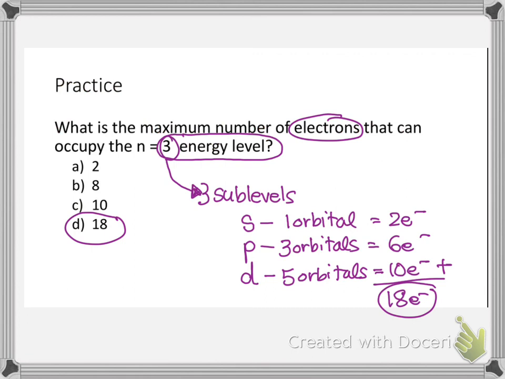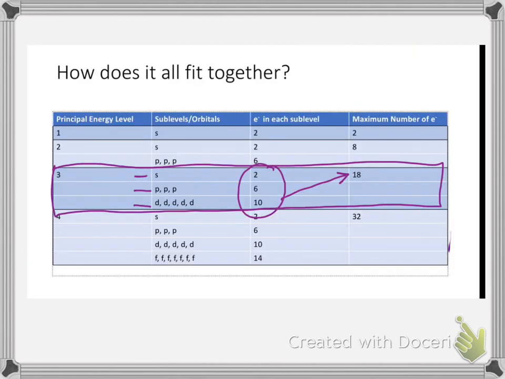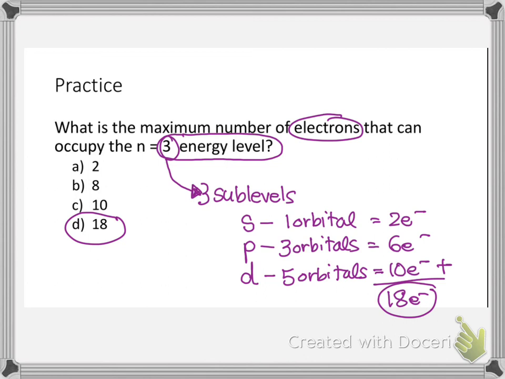I do ask these kinds of questions, so how you prepare is to become well acquainted with how everything is put together. It could be that you have a chart like this and you can understand where the numbers come from. It could be like I did on this problem, where you reason through how it would be. But you do need to be able to relate the energy levels, the sublevels, and the orbitals to the number of electrons in different places.